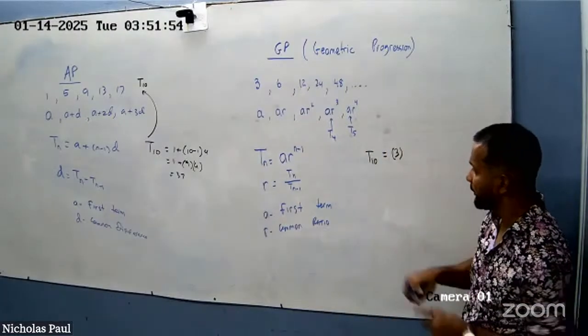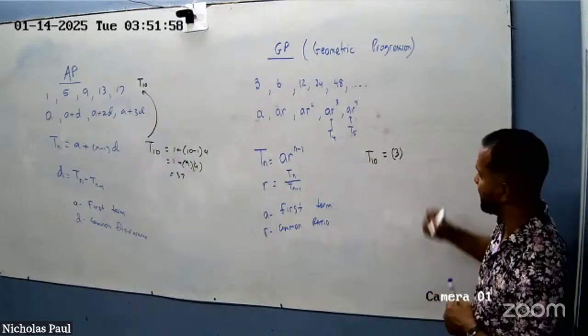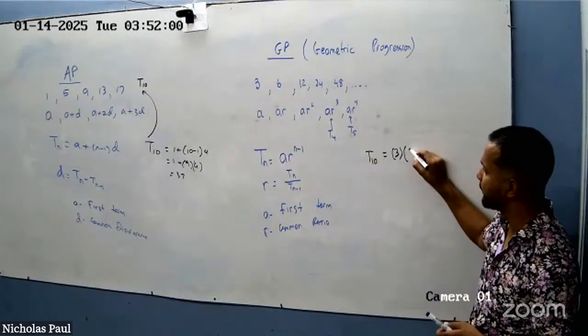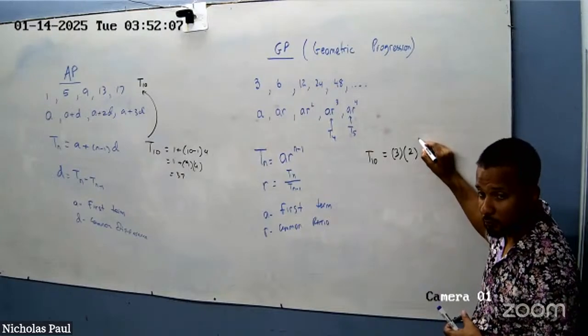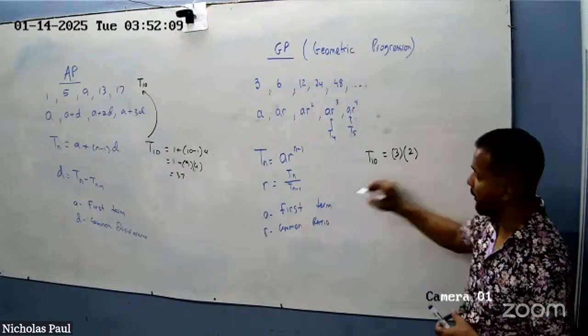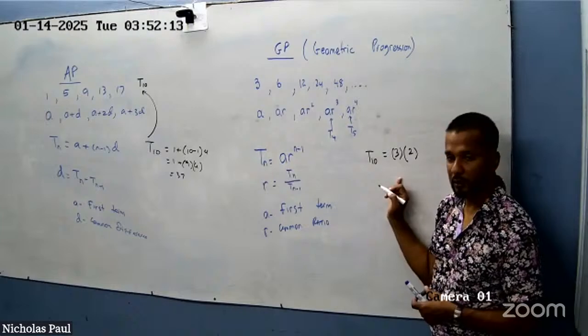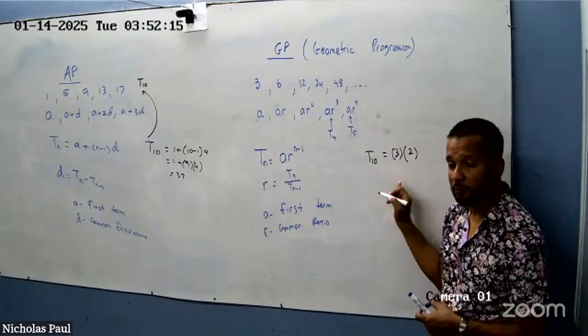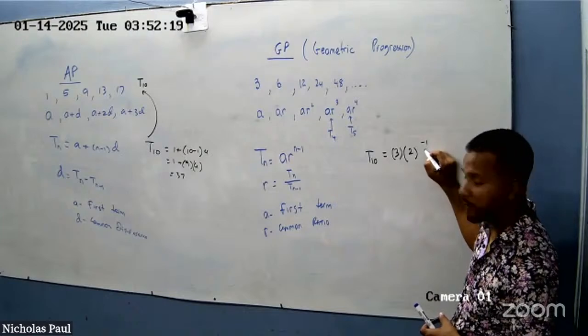Yeah. So the 10th term is what? Nathan, help me a minute. 3 by what? 2 to the power. What would it be? I'm trying to find the 10th term. Minus what from 1? 10.